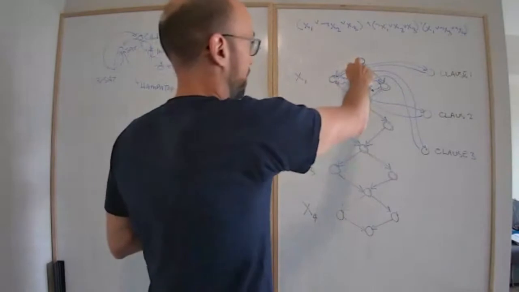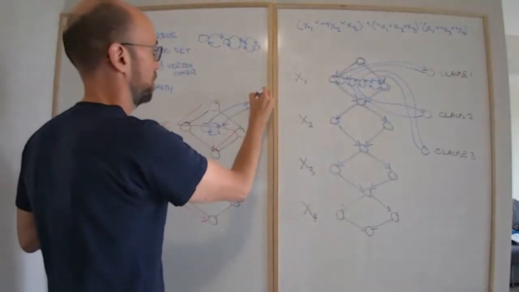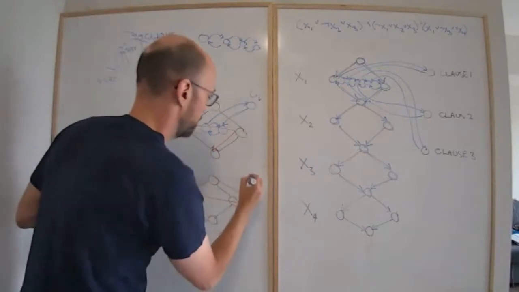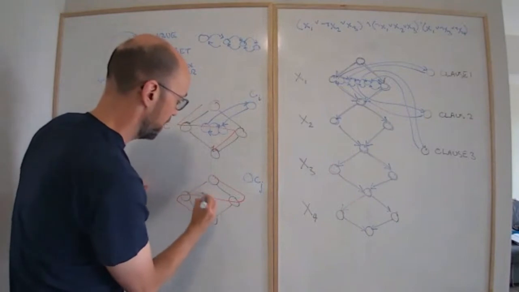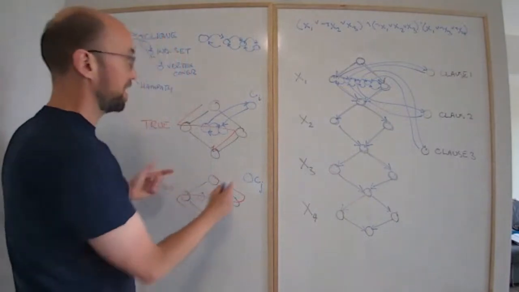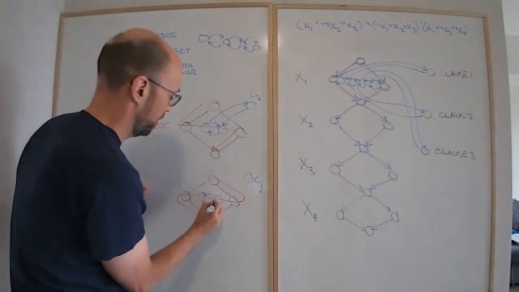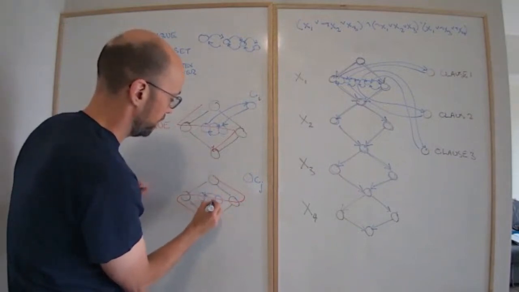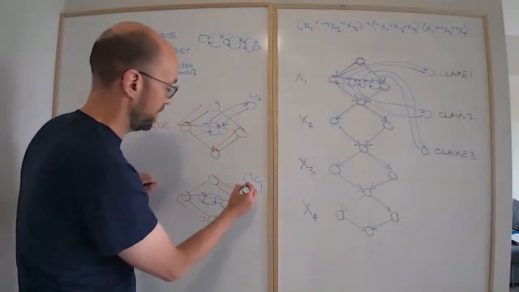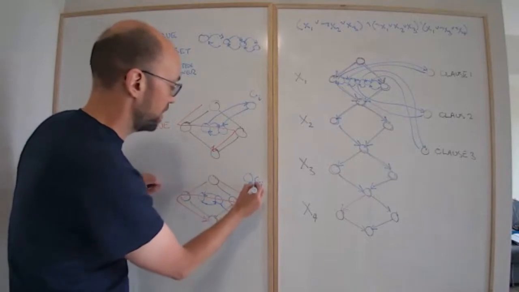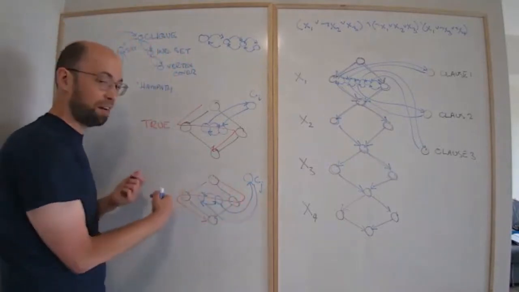But maybe there's another clause, so this is clause I, and this is clause J, and the negation of x1 satisfies clause J, in which case I connect this like this, such that I can visit clause J on my way from right to left.